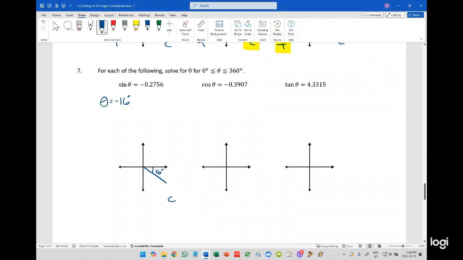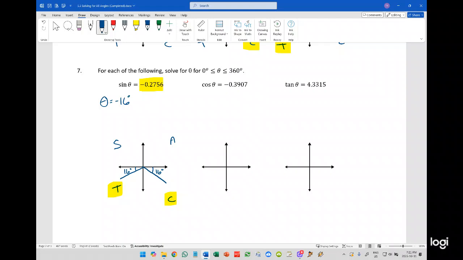And according to the CAST rule, I have a negative sine ratio, which means it should be negative. It's going to be positive in the first and second quadrant. It's going to be negative in the third and fourth. So there should be another one over here that's also 16 degrees.